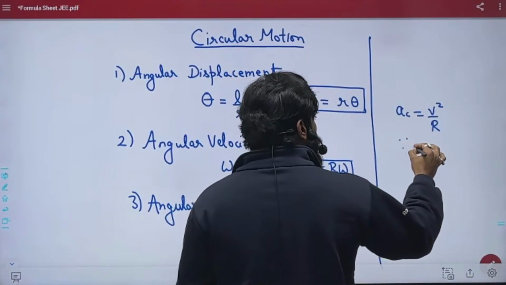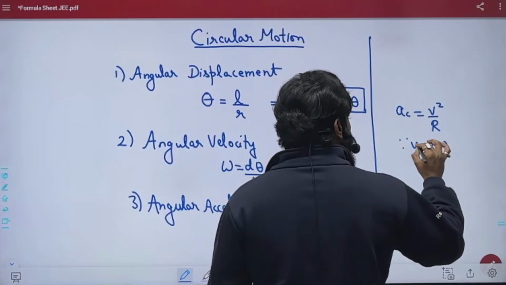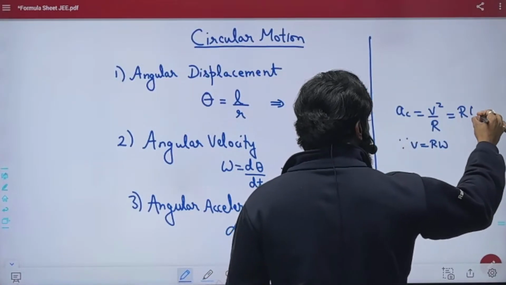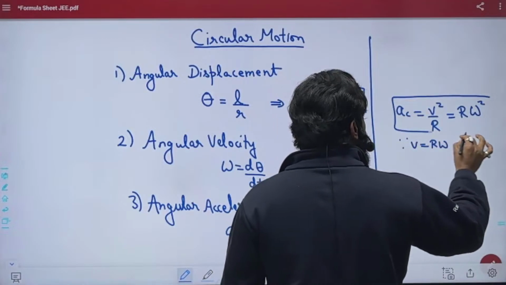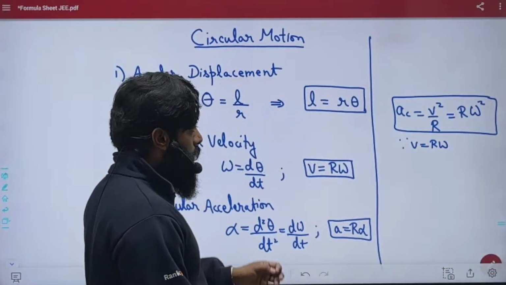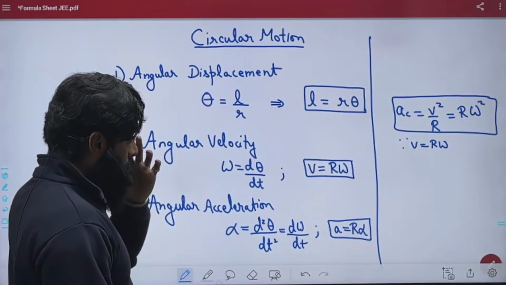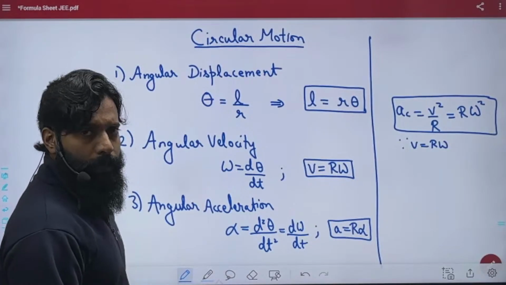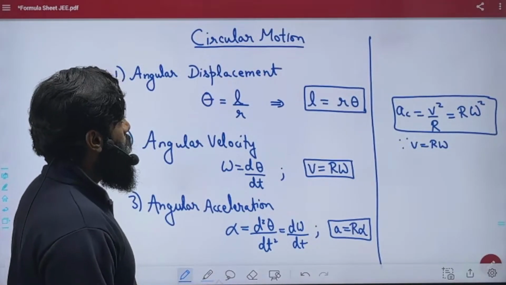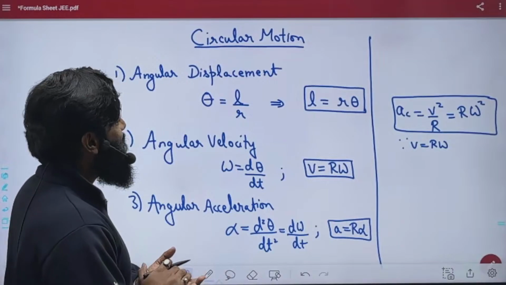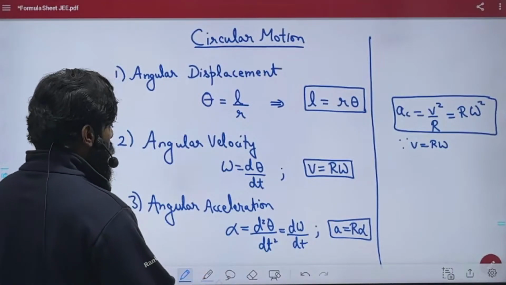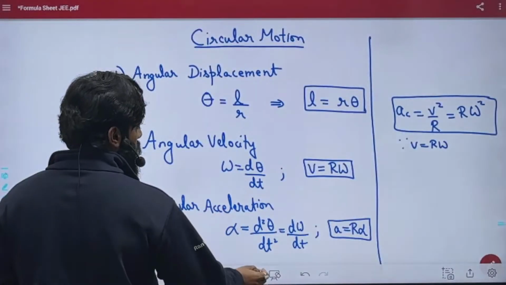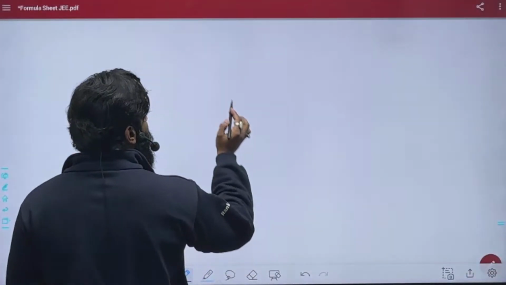And as we know V equals R omega, if you replace this, you will get R omega square. So this formula is also very, very important for the centripetal acceleration, right? And once this is over, we can go for work, energy, and power.